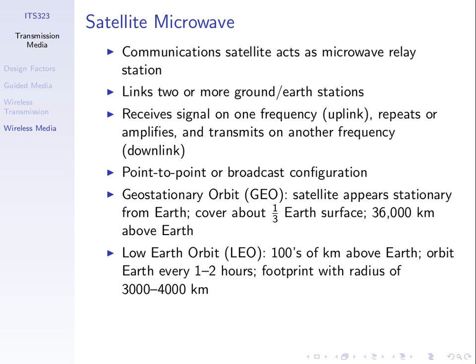The propagation delay is 36,000 kilometres or 36 million metres, over the speed of light, 300 million metres per second, is 0.12 seconds. Correct? 120 milliseconds is the propagation delay.